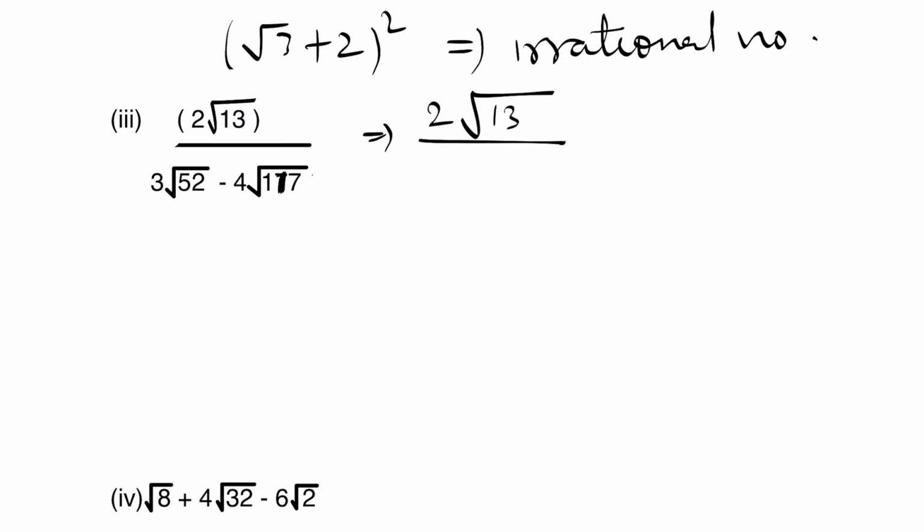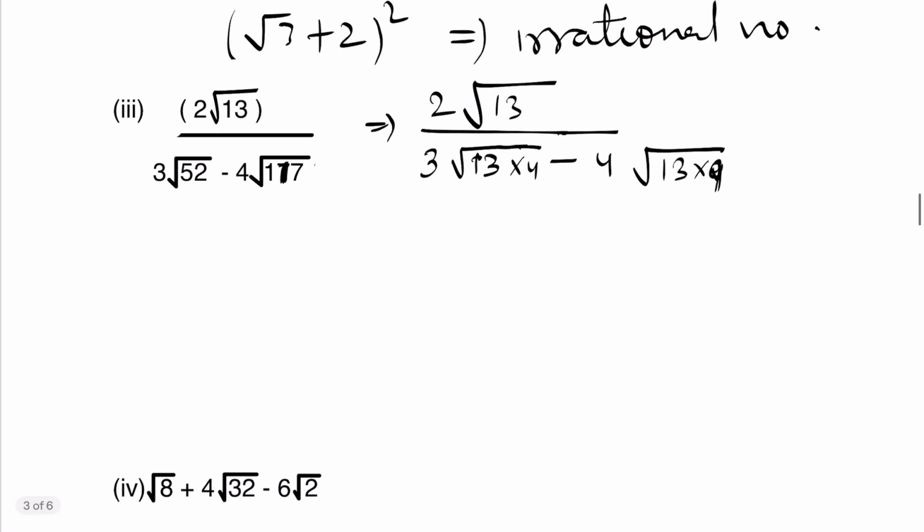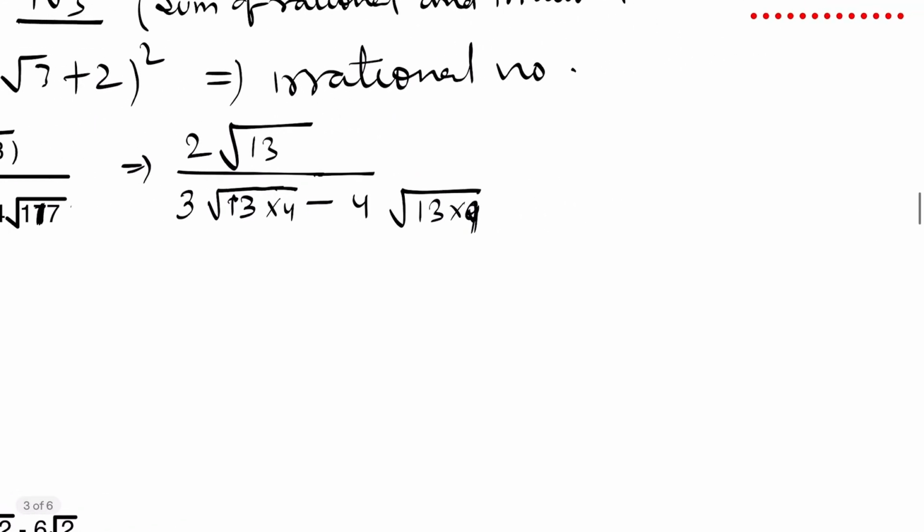2 root 13 upon, now we can write 52 as 13 into 4, and 117 as 13 into 9. Now this will become 2 root 13, and in the denominator let's take root 13 as common. So what will be inside?